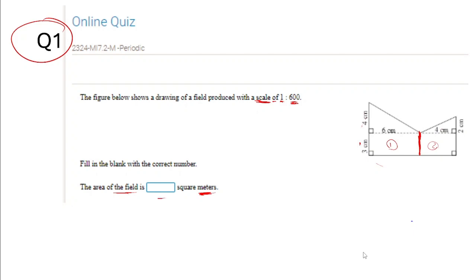So number 1, we need to get the actual length from the scaling. So the drawing scale equation equals the length in the drawing, which is this length, divided by the actual length.